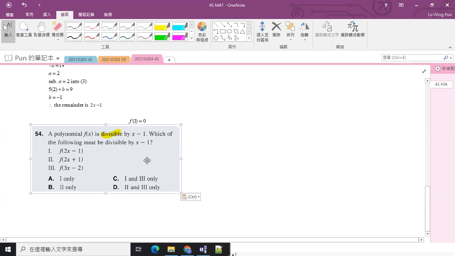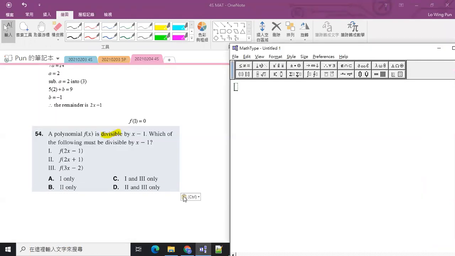We try putting the values in. Put x equals 1 for statement 1 first. f2x minus 1 becomes f of 2 times 1 minus 1, because we have already put the value of x to be 1. That is equal to f1. But we have already known that f1 is equal to 0.